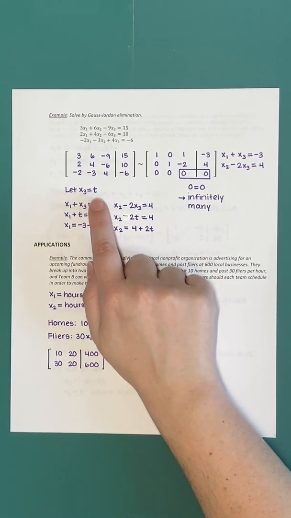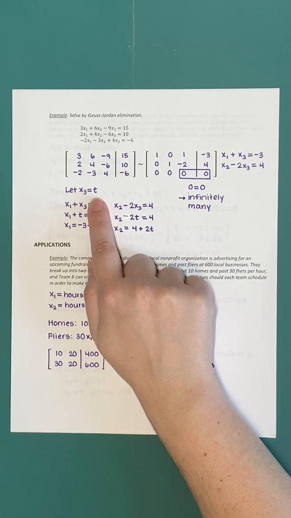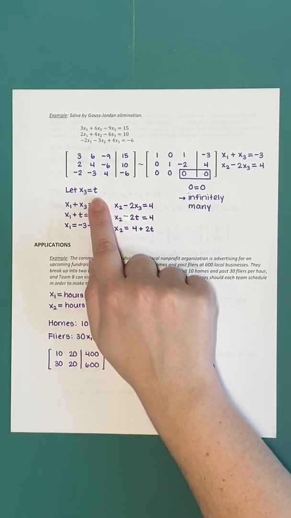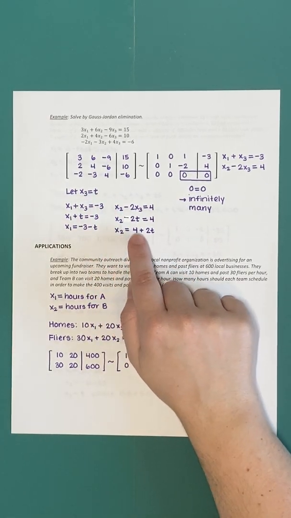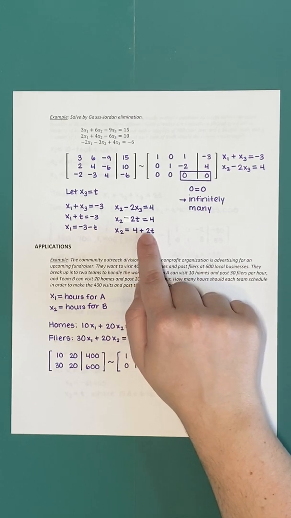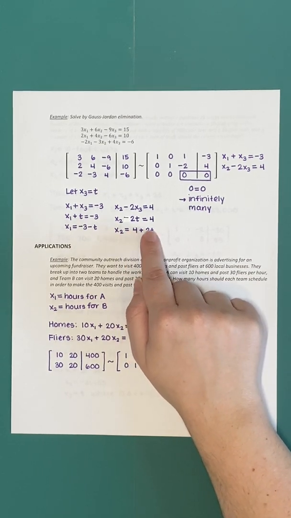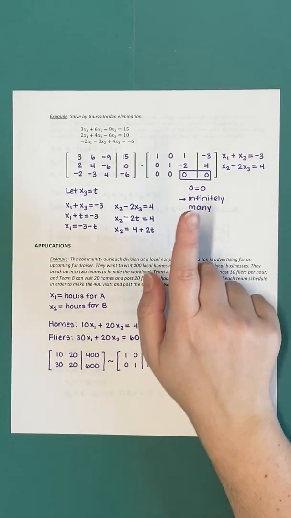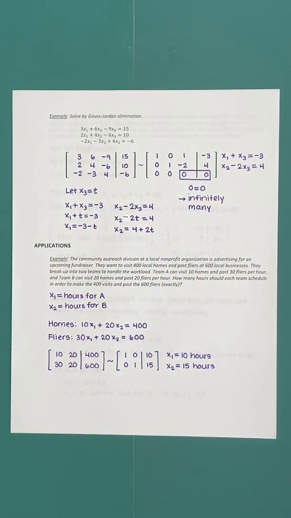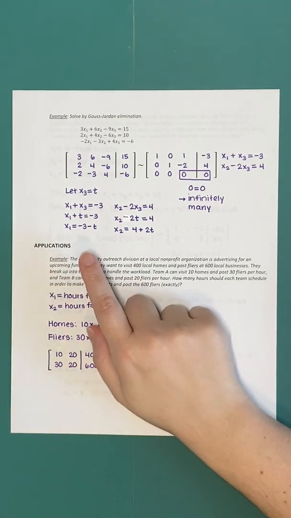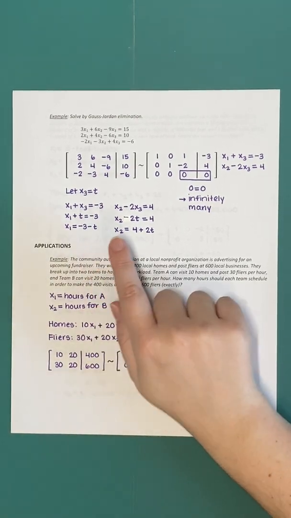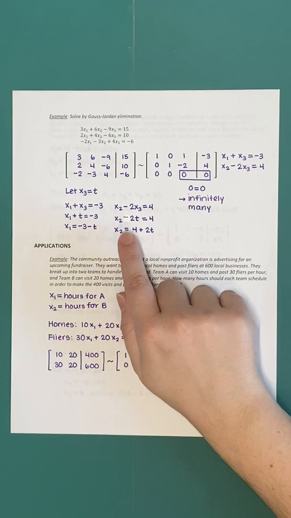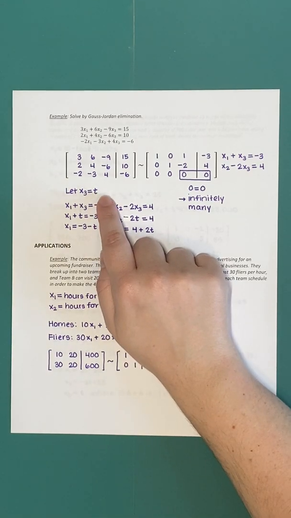So again, if we allowed t to be 1, if we pick that value externally to the problem, then x2 would have to be 4 plus 2 times 1, which would be 4 plus 2, which would be 6. So if we picked a parameter value of 1, then x1 would be -4, x2 would be 6, and then x3 would be 1.